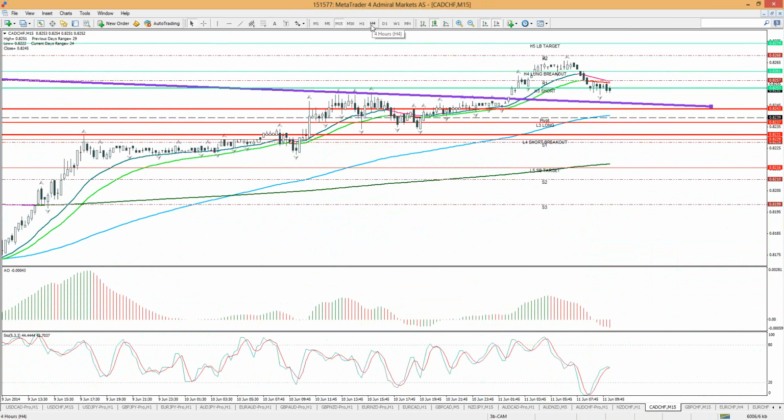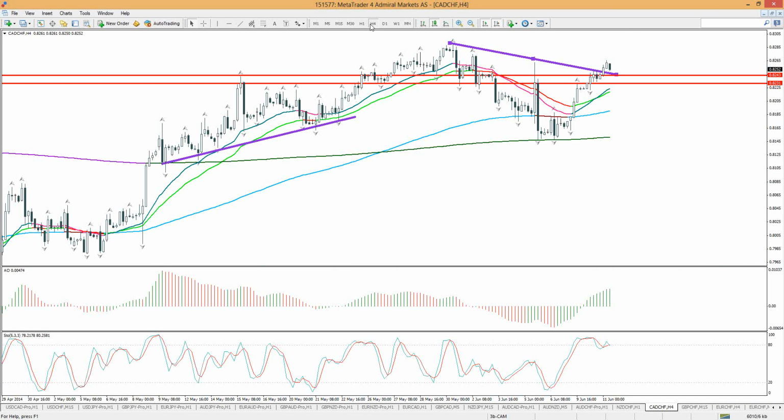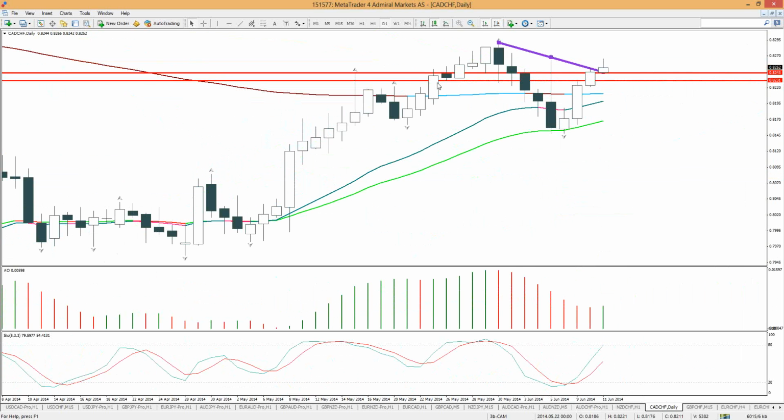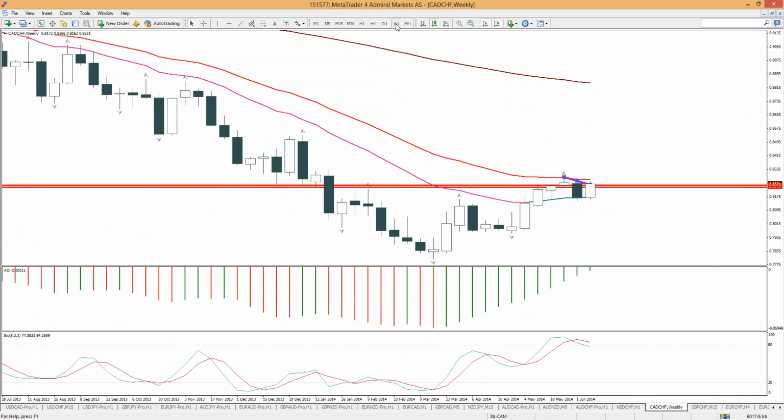But we're definitely seeing some struggle here at the R2. So let's take a look at the 4-hour. It's struggling a bit at last week's high, so I would be cautious at this point.